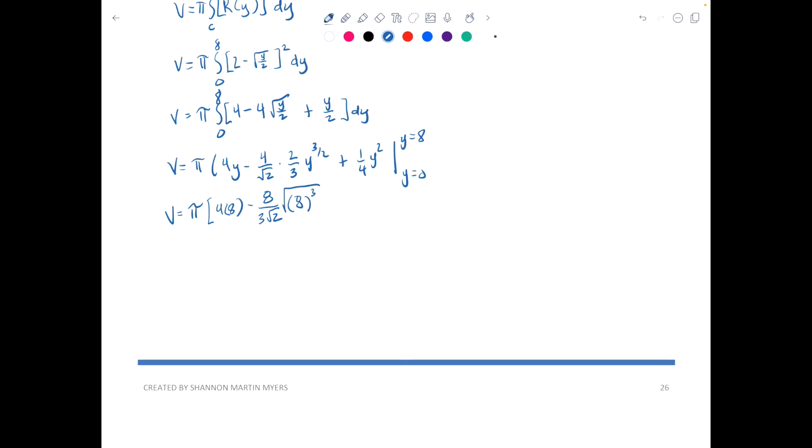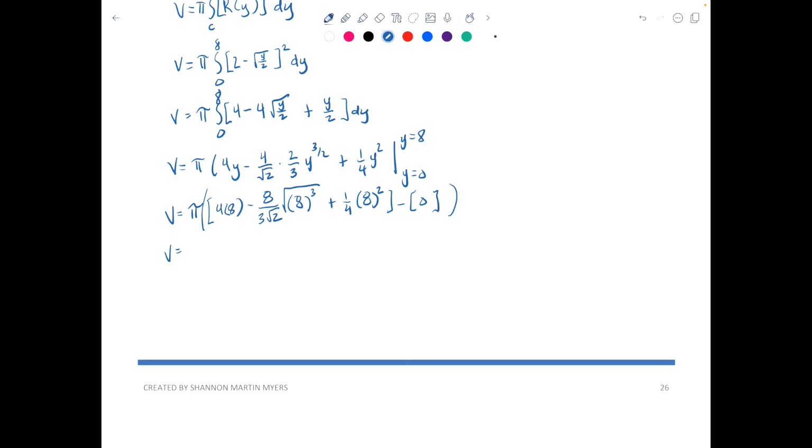That's what raising to the 3/2 means, plus 1/4 times 8 squared. And then, like I said, the lower limit zeroes out.